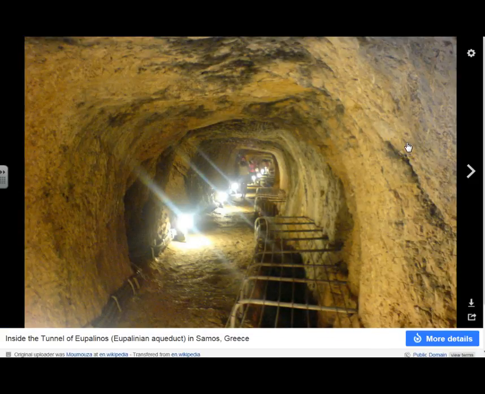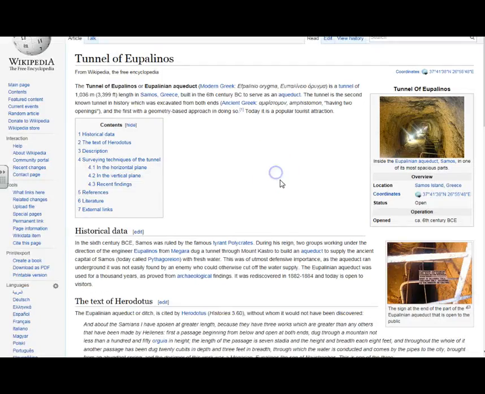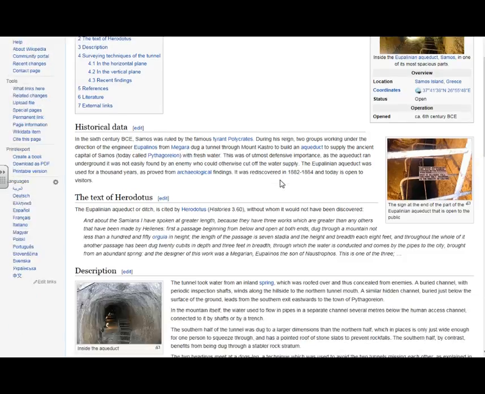It's a tourist place, so it's illuminated and probably has places where you can stop and rest, and power cables are probably laid there, as you can see along the side.